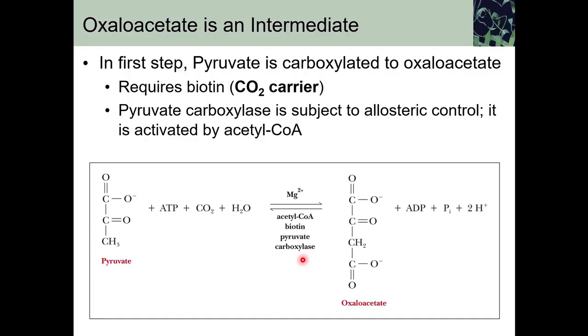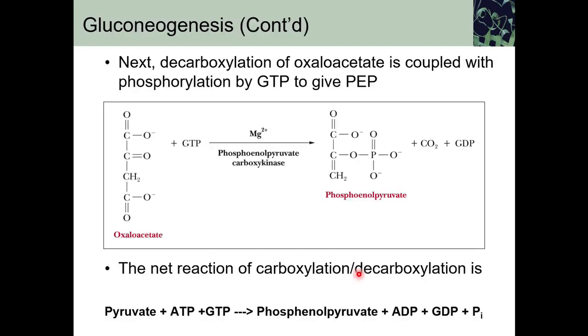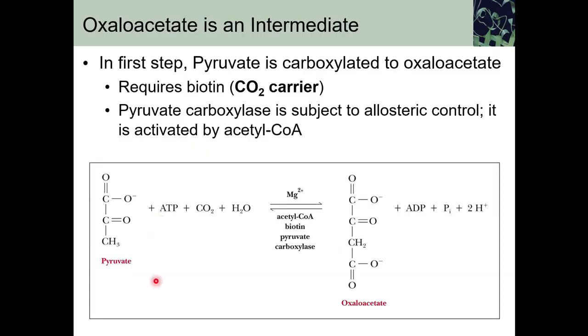Okay, so pyruvate is then converted into oxaloacetate. By the way, this reaction happens in the mitochondria.